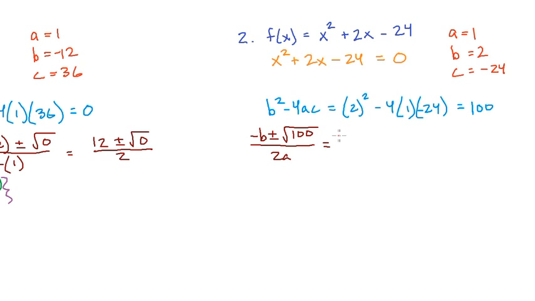We have the negative as part of our equation, b is 2, plus or minus the square root of 100 divided by 2 times 1, which is a. So now let's simplify this a little bit. This is negative 2 plus or minus the square root of 100 divided by 2 times 1, which is 2.